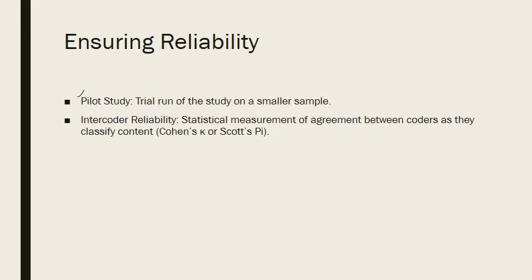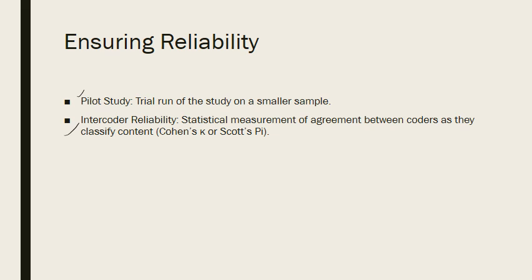So basically we want to make sure our study actually works. So we're just going to do it on 10 people, make sure it works, then we'll do it on the sample of 500 or whatever. So for content analysis, you might do a small sample of 50 first, see how your categories work out. And if they don't work out, fix them. But if they do, okay, great. Now we can go analyze 1,000 tweets.